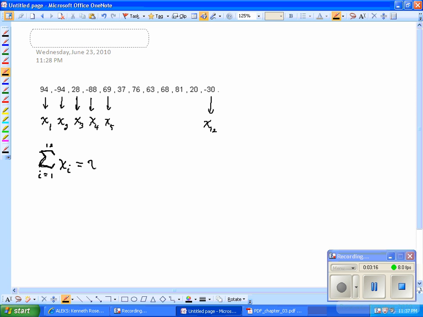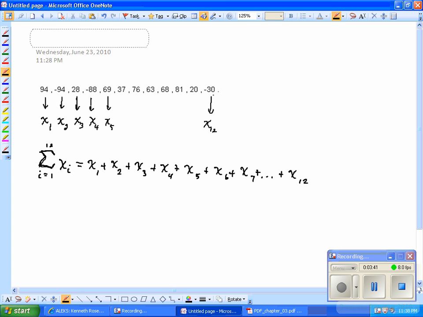So basically we're going to do this. We're adding them all up. And there's a lot of them, so let me just get lazy. All the way up to x12. Okay? Adding up all those numbers. That would be the sum of all the x's.